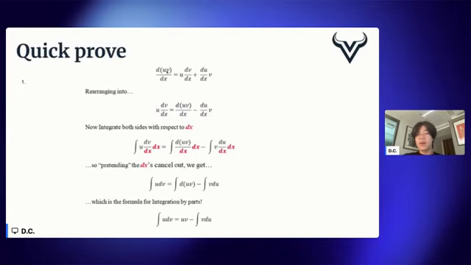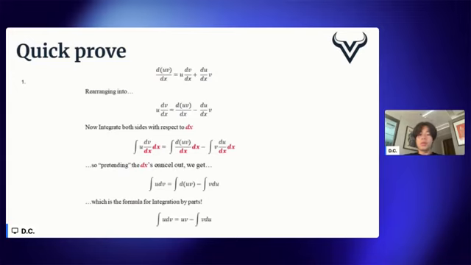This isn't that hard. We start from the derivative of u times v, which is u times dv plus v times du, which we all learned a long time ago. After we rearrange and isolate u dv, we have u dv is the derivative of uv minus v du.